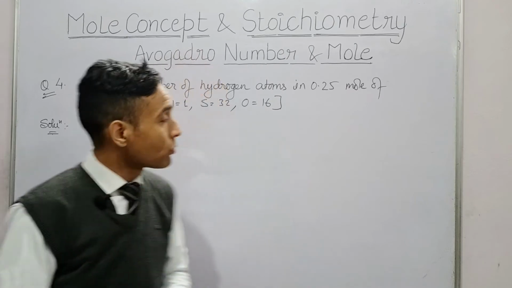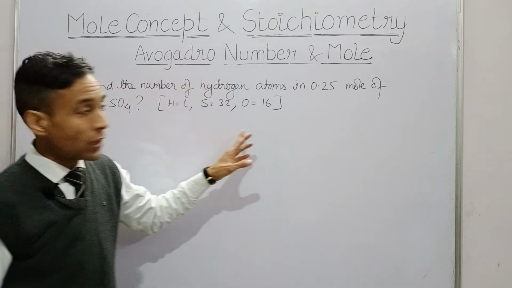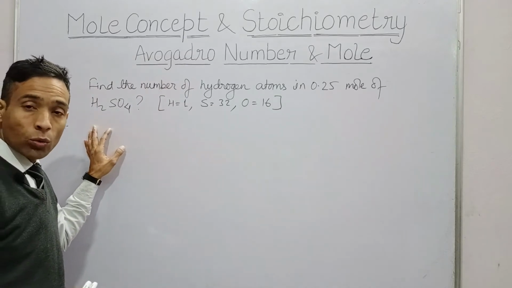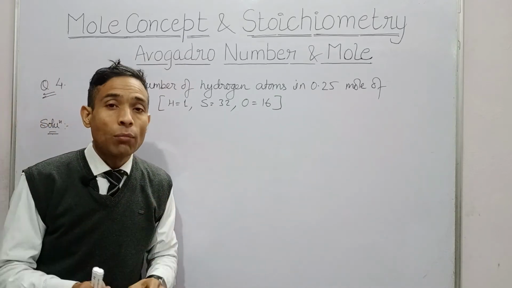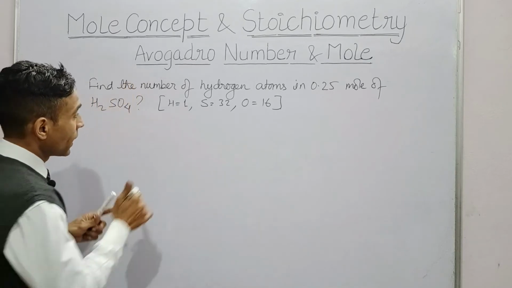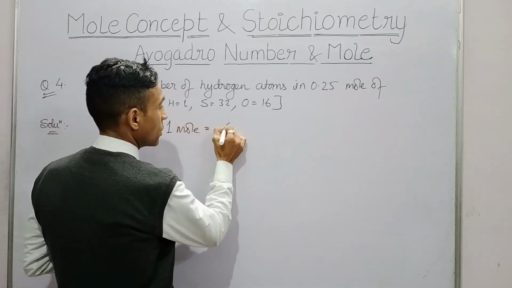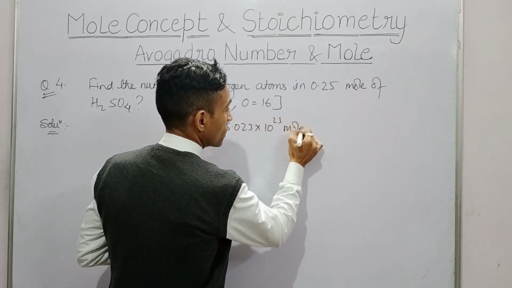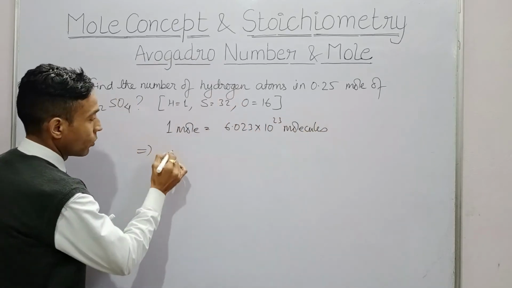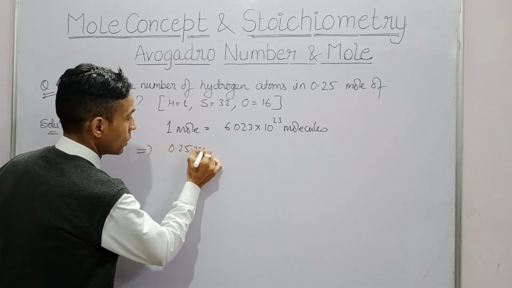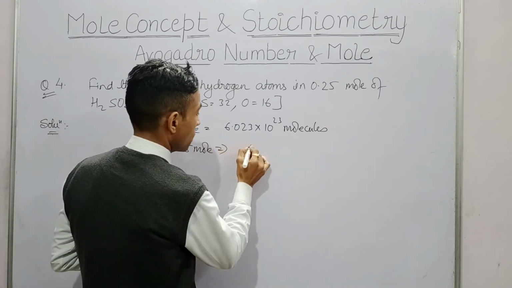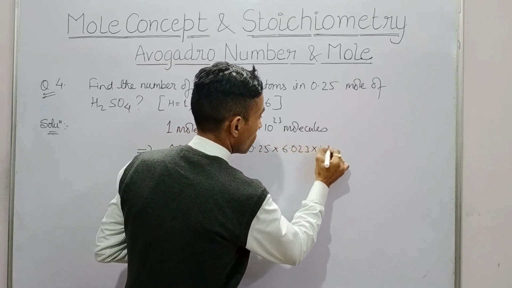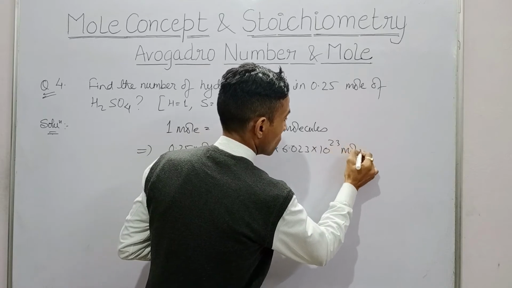In our next numerical, we have to find out the number of hydrogen atoms in 0.25 mole of H2SO4. This is a molecule and we have learned that in the gram molecular mass, 1 mole contains 6.023 into 10 to the power 23 molecules. Therefore 0.25 mole will contain 0.25 into 6.023 into 10 to the power 23 molecules.